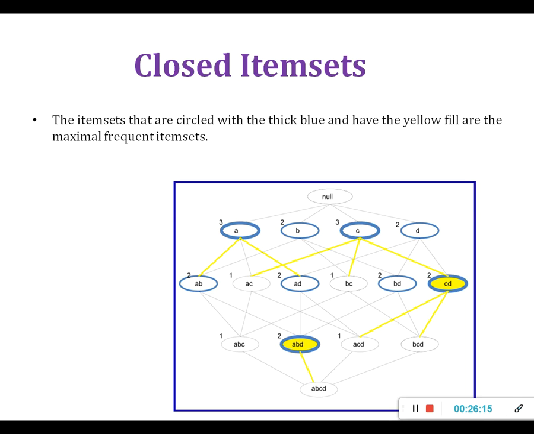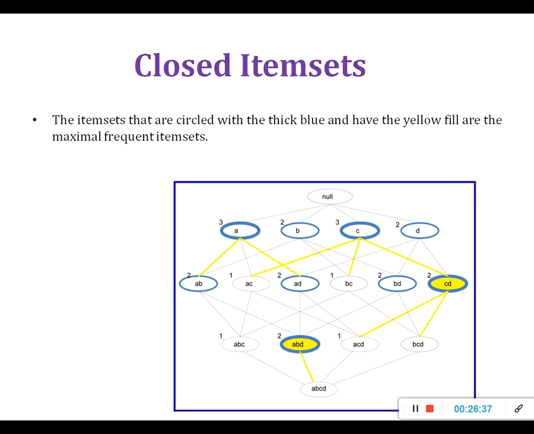So what I want to repeat again is that if any particular set has 3 supersets, then all 3 supersets should not be frequent. If 2 are frequent and 1 is not frequent, then you still can't say that the set is a maximal frequent.